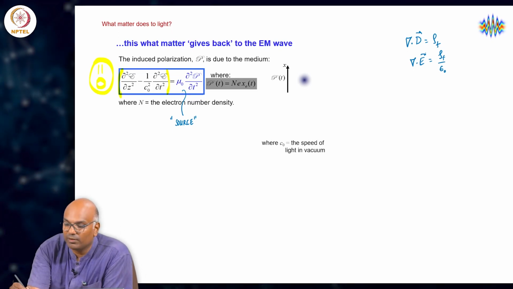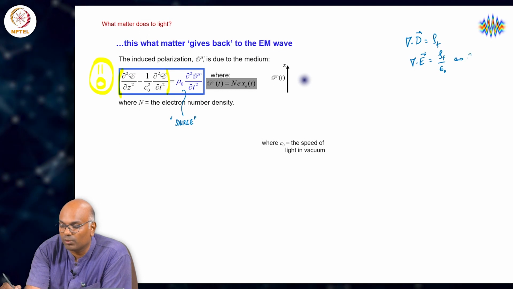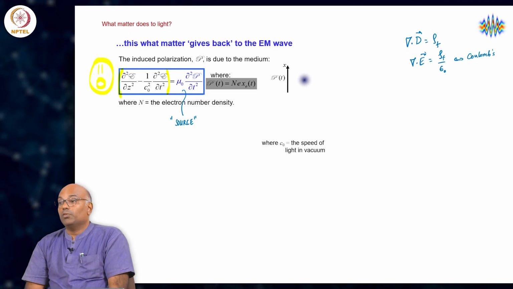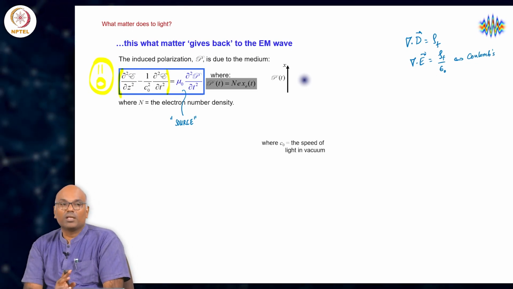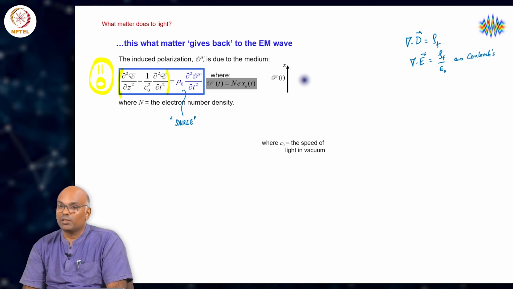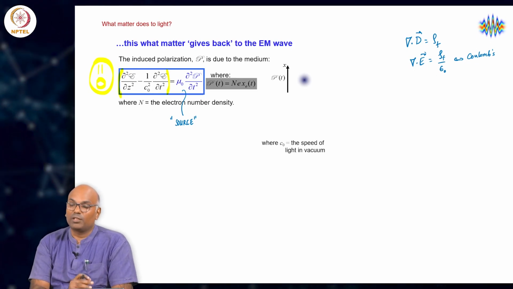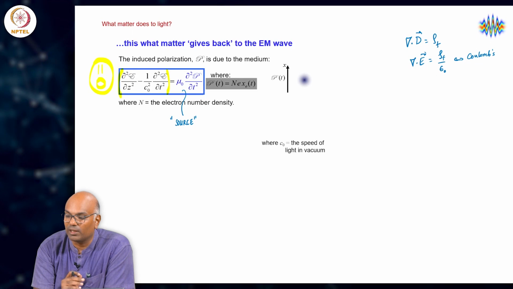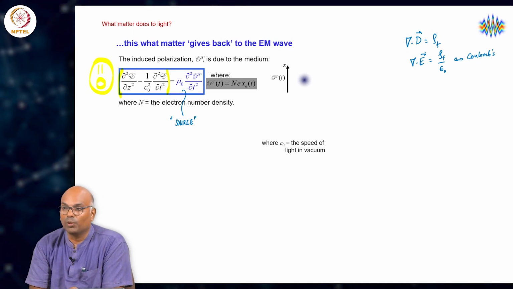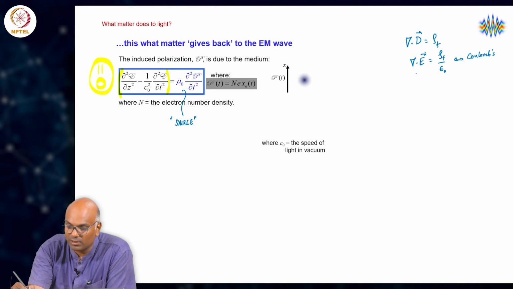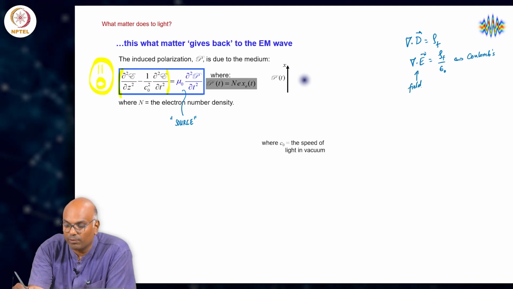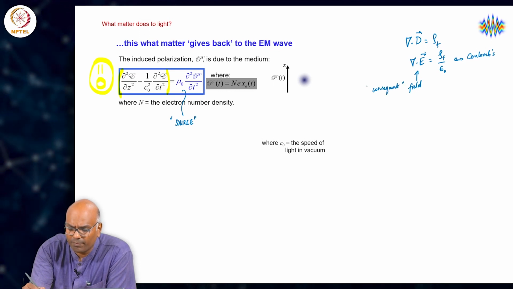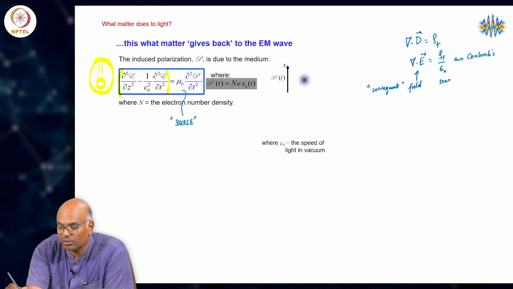This is equivalent, for a point charge, to Coulomb's law, where the field is the force produced by a test charge on a unit charge placed anywhere. So this is the equivalent expression of Coulomb's law as a differential equation. This is the consequent field, and this is the source.